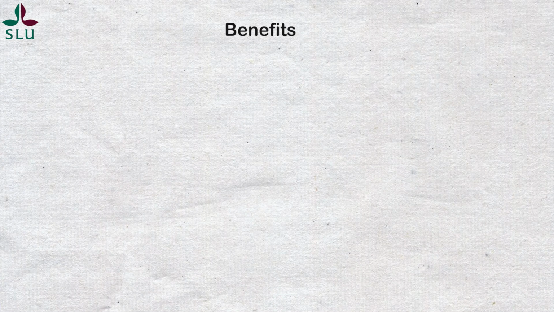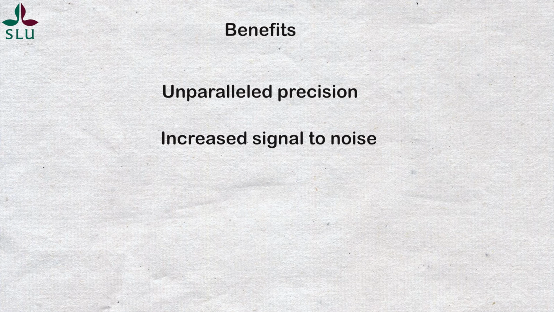To sum up the advantages with ddPCR, firstly, it provides unmatched precision with the massive sample partitioning afforded. This enables small fold differences in target DNA sequence between samples to be reliably measured. Secondly, the method gives an increased signal to noise, since ddPCR enriches for rare targets by reducing competition that comes from high copy templates.